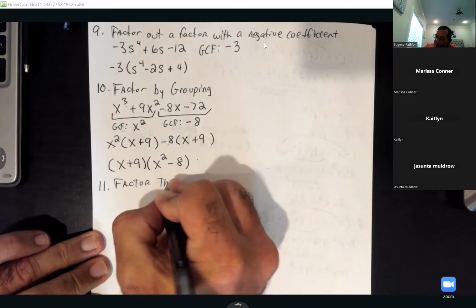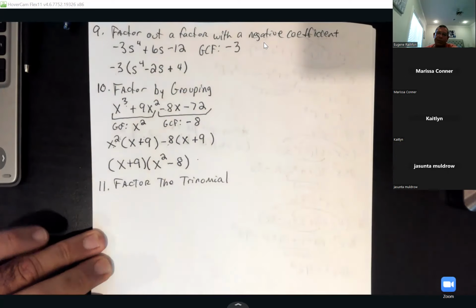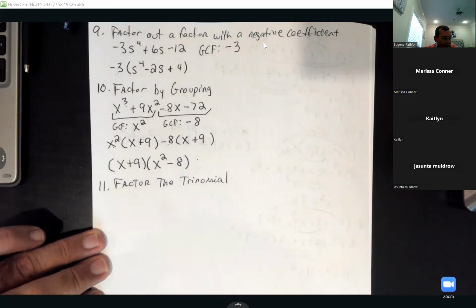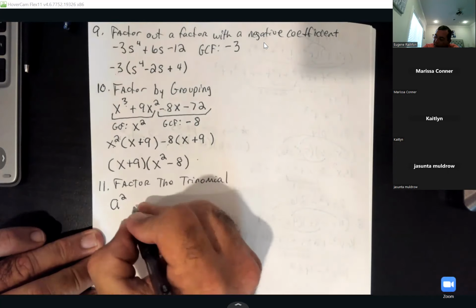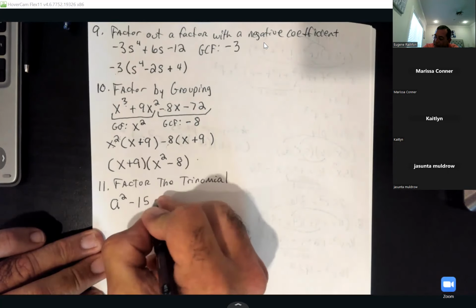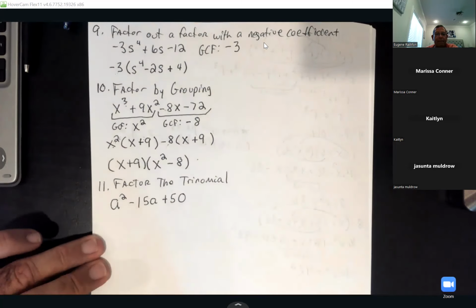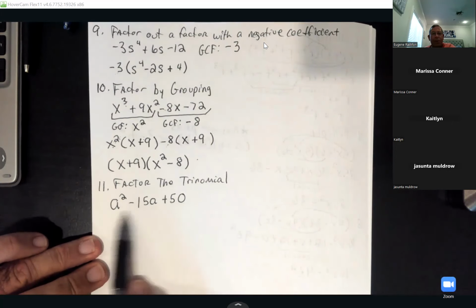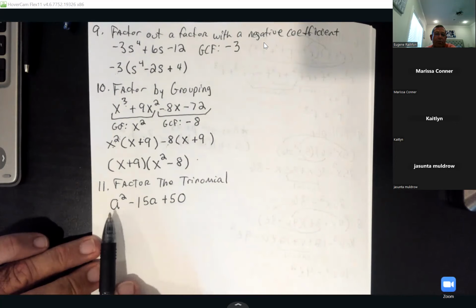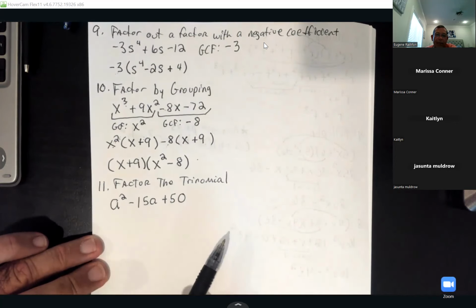All right, factor the trinomial. So this is where y'all had to learn my signs on this. A squared minus 15a plus 50. So y'all notice the first thing I look for is a GCF, but there's no GCF in these three terms. There's not an A after the 50, so there's no GCFs.